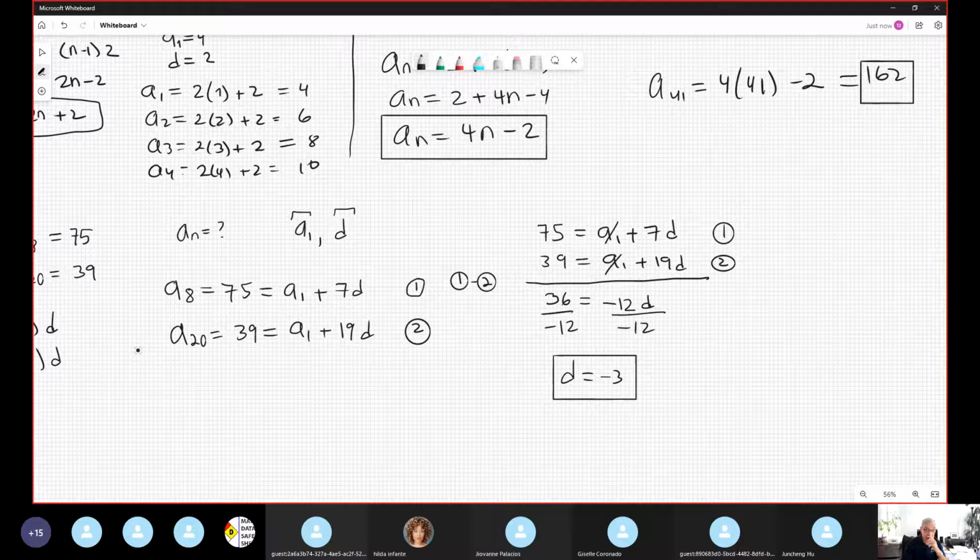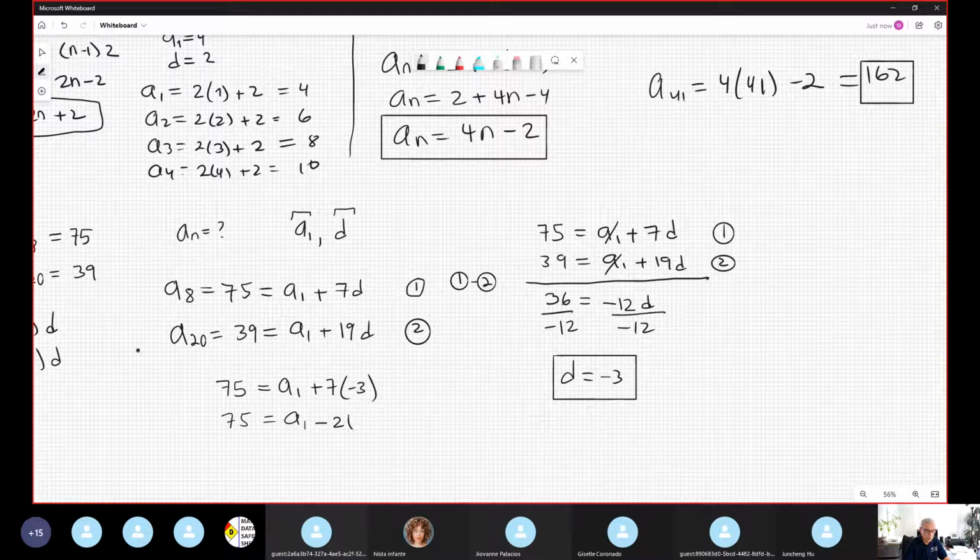In order to find a1, we plug it into, for example, equation 1: 75 is equal to a1, which I have no idea what it is, plus 7 times negative 3, which is d. So 75 is equal to a1 minus 21.